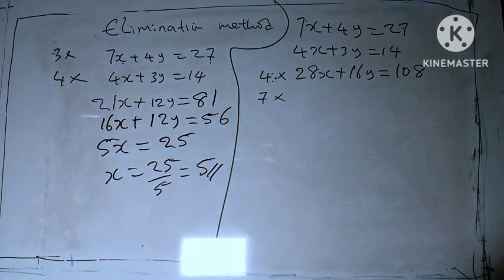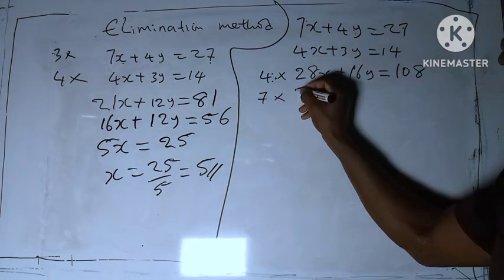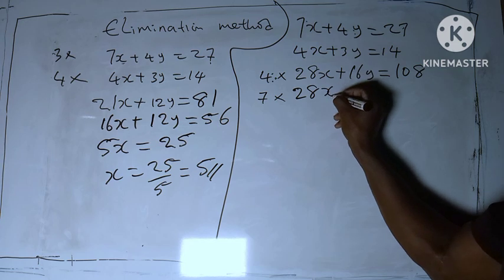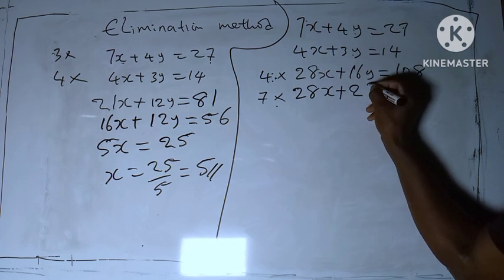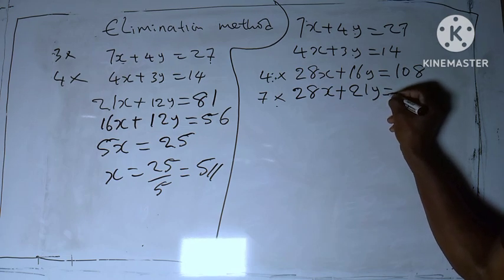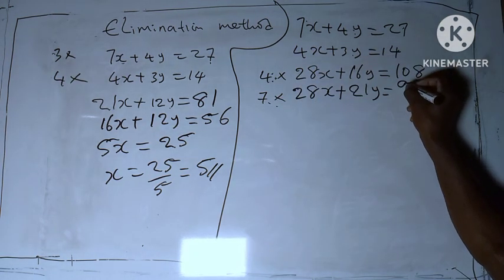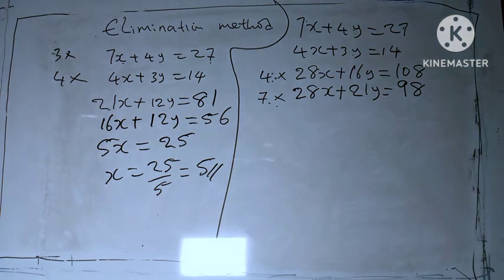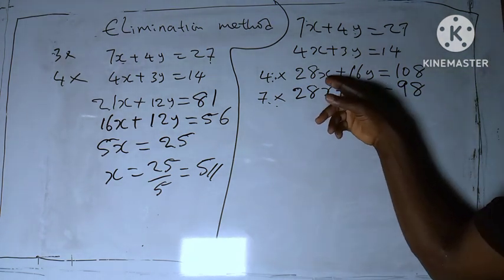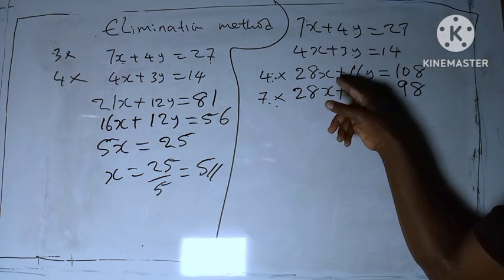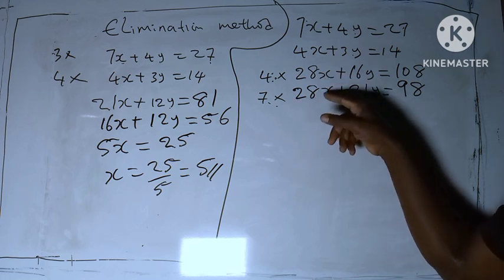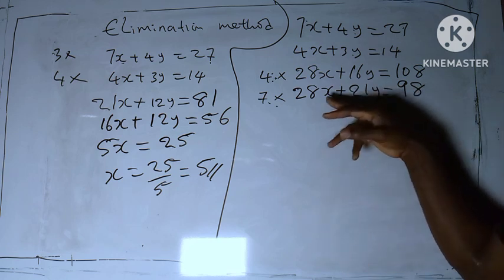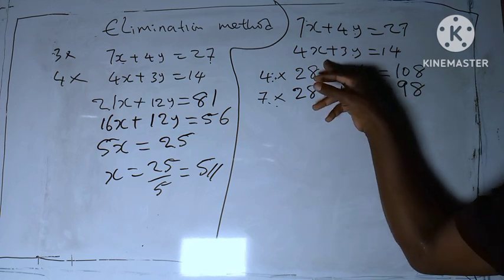The second one, 7 times 4x will give us 28x plus 7 times 3 will give us 21y equals 7 times 14 will give us 98. So you can see that the coefficient of x in equation 1 is the same as the coefficient of x in equation 2. So let's subtract equation 2 from equation 1.